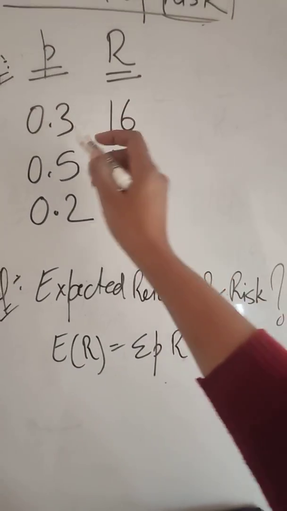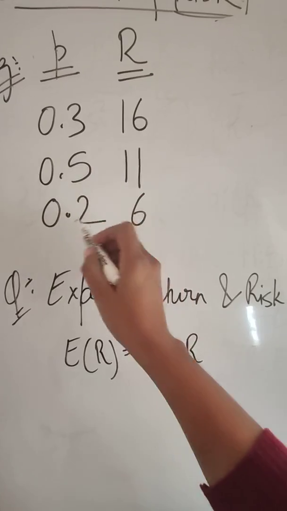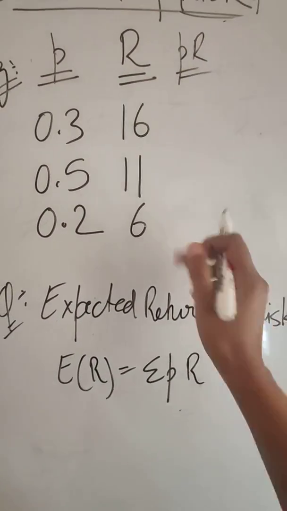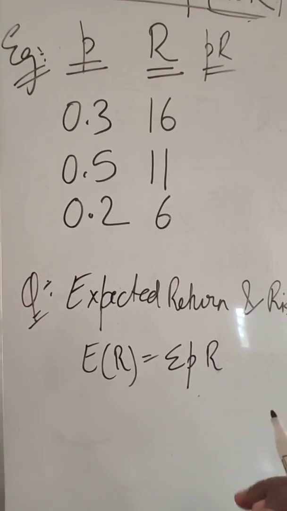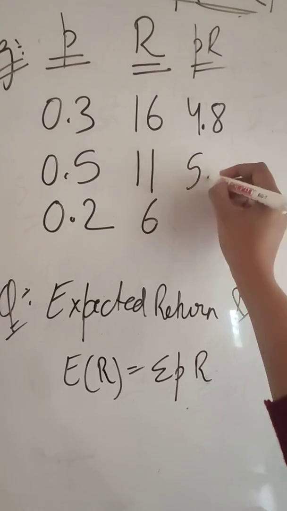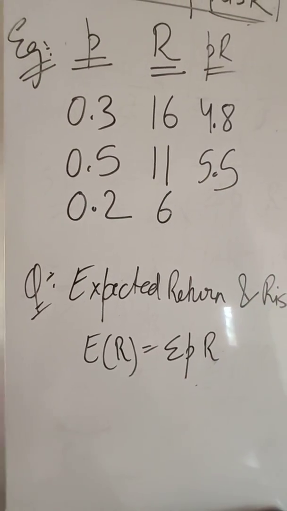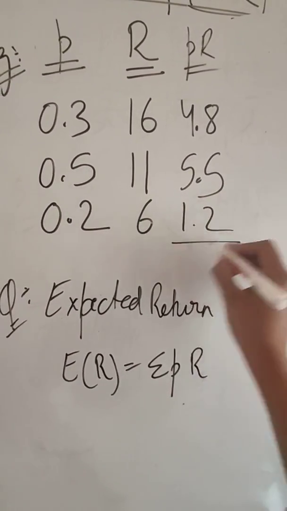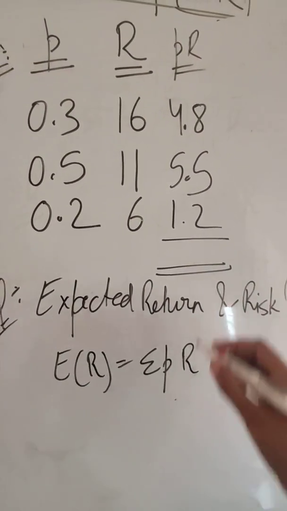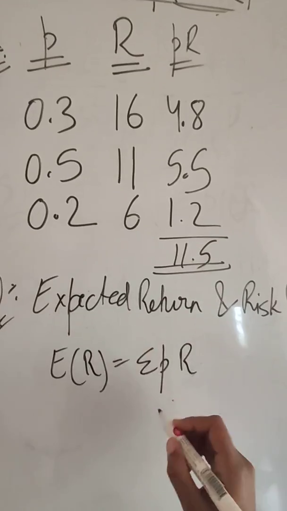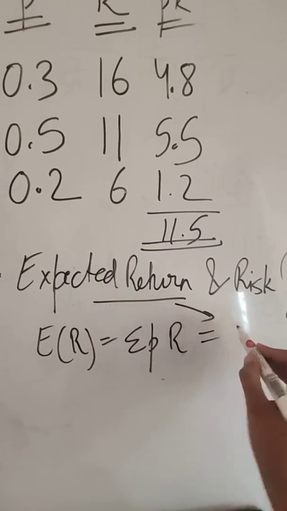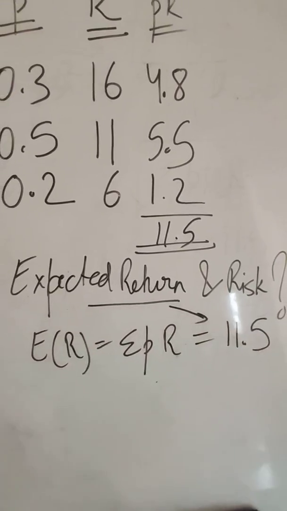That is nothing but P into R, P into R, P into R, and adding it up. P into R: 16 into 0.3 will be 4.8, 5.5 and 1.2, and if you add it, this is 11.5, and hence your first answer, the expected return, is 11.5.